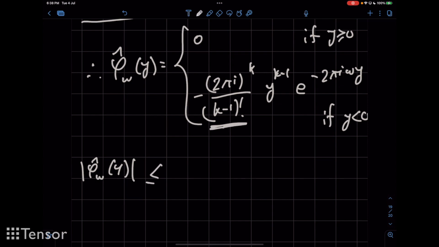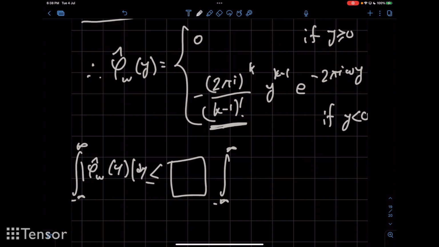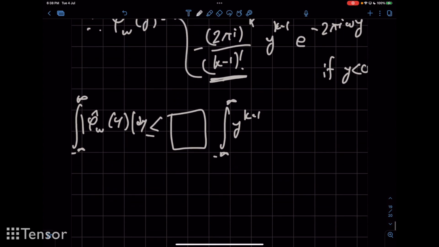Let's call this constant the box, and we have an integral dy of y to the k minus 1 times the absolute value of e to the negative 2 pi i w y. So what is the absolute value of this thing?